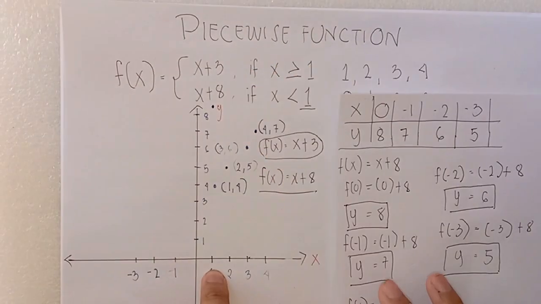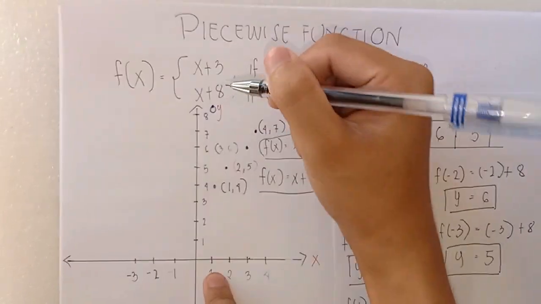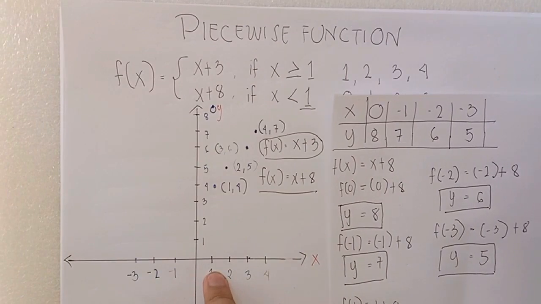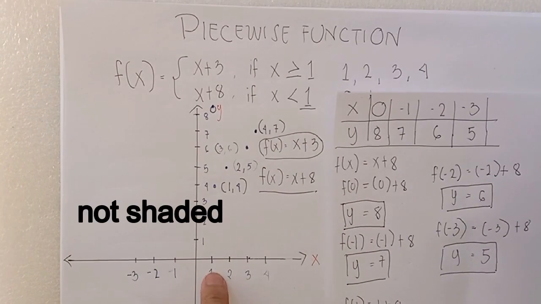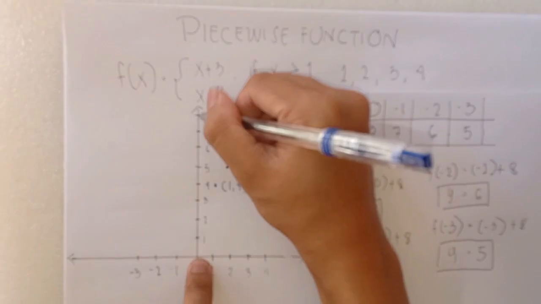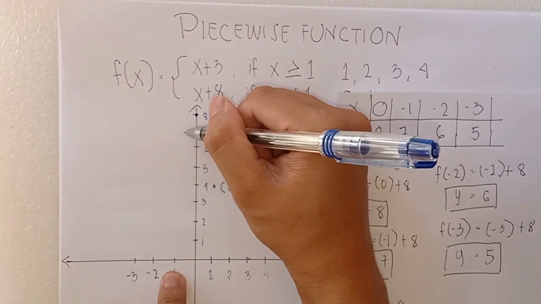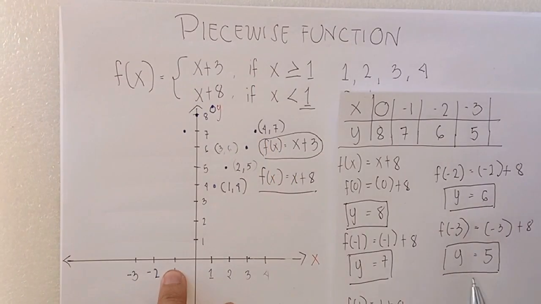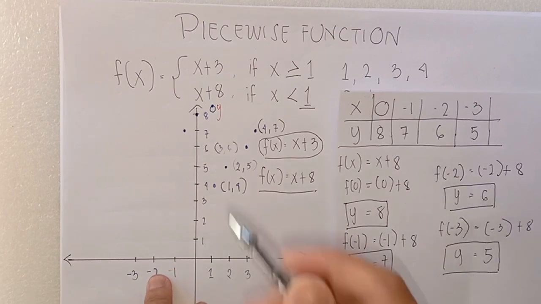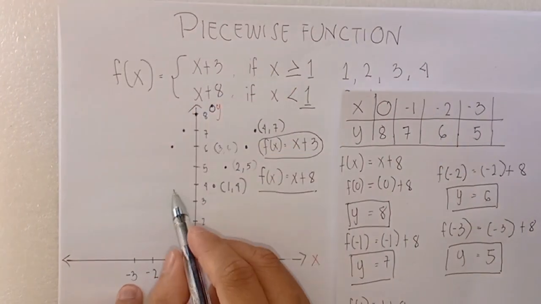And since 1 is not included, it will appear as an open point, an unshaded point. And the others: 0 and 8, negative 1 and 7, negative 2 and 6, and negative 3 and 5.